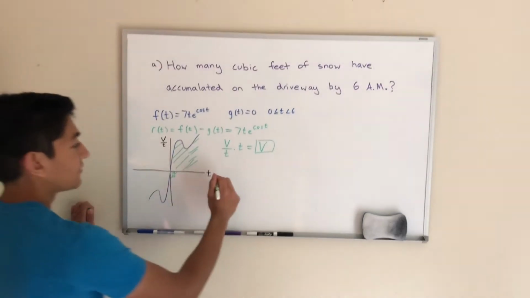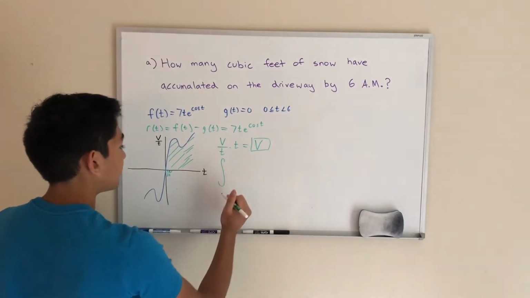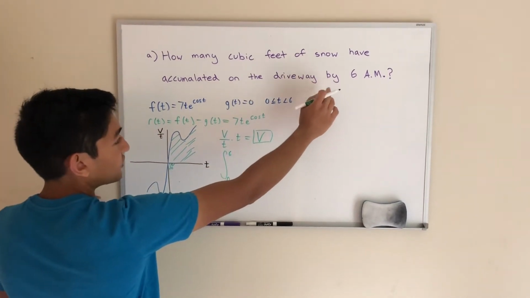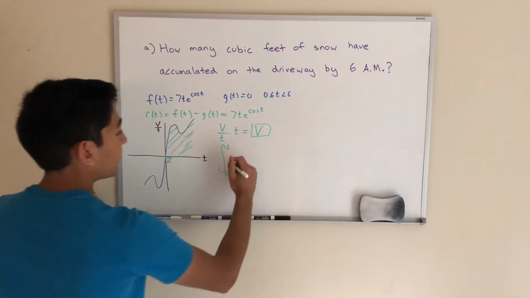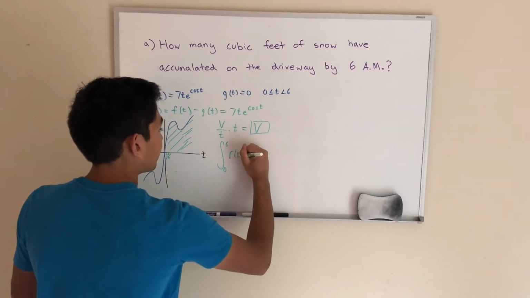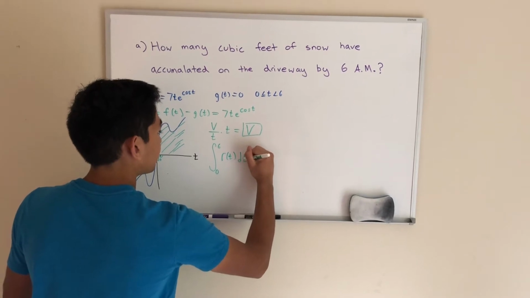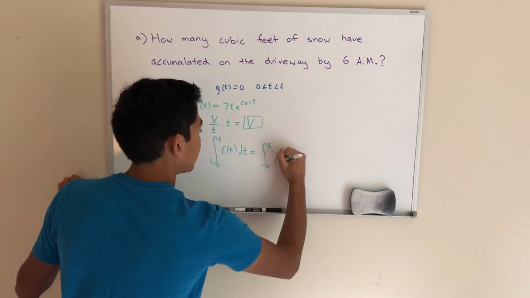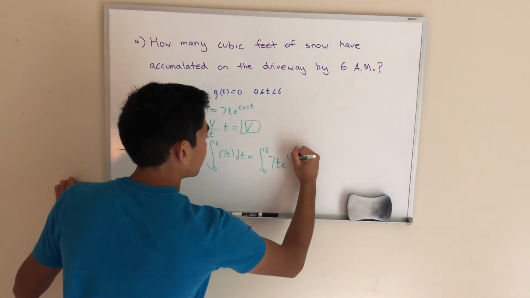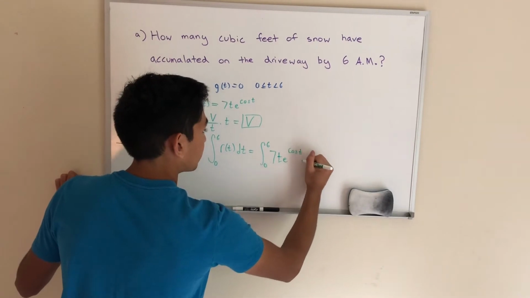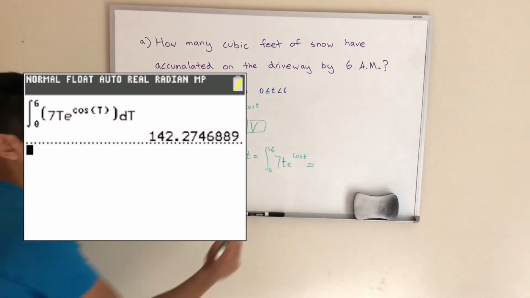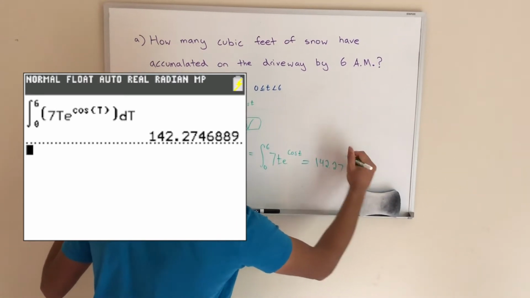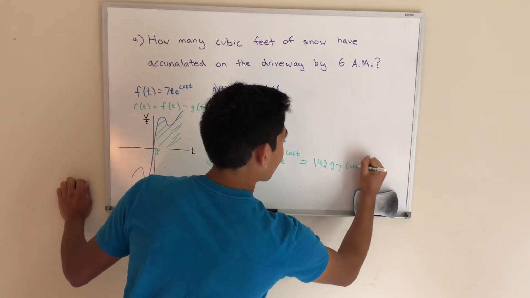And when we do that, essentially we're taking the definite integral from 0 to 6, because we want to find it between 0, which is 12 a.m., to 6 a.m., of the rate of change with respect to time, which is the same as the integral from 0 to 6 of the function, which will give us 142.27 cubic feet.